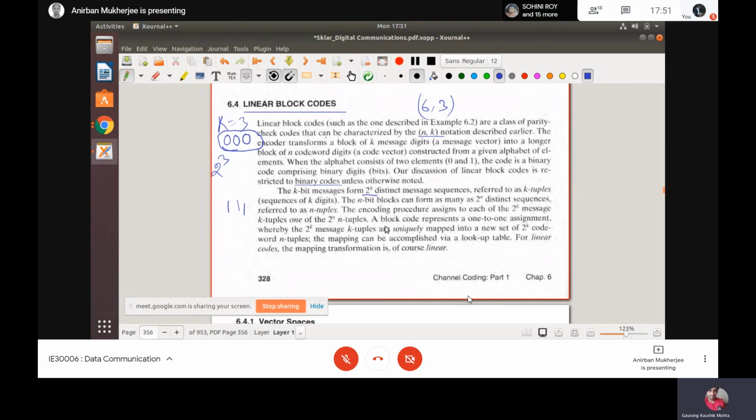So that means the encoding procedure will assign each of the 2 to the power k messages, that is k-tuple messages, one of the 2 to the power n tuples.